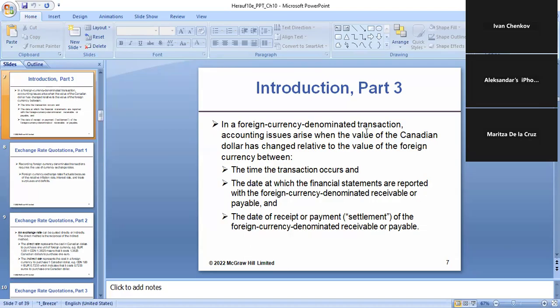If today we convert Canadian dollars into euros and pay the euros today, there will be no implication. Whatever the exchange rate is today will become the value of the goods, the value of the transaction. The transaction will be denominated in Canadian dollars.